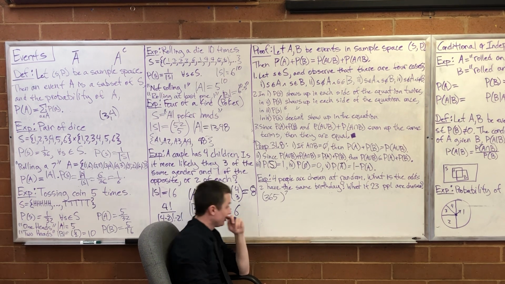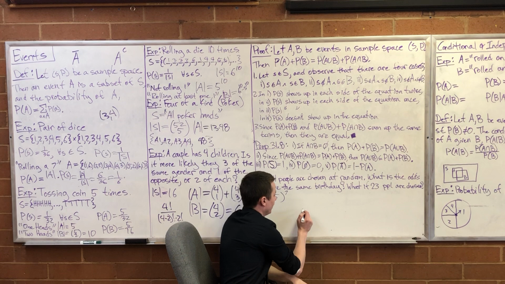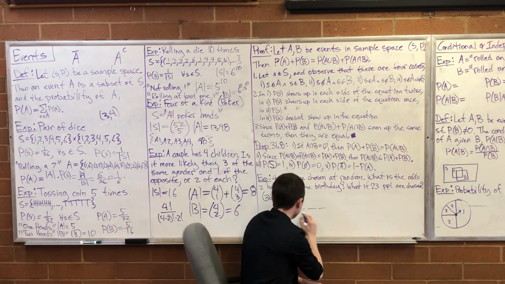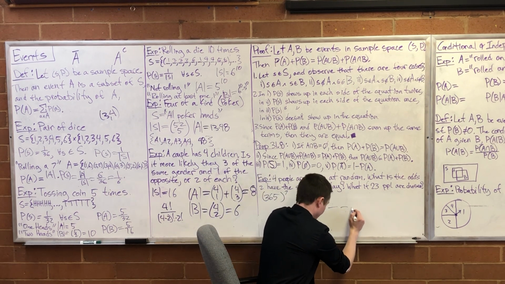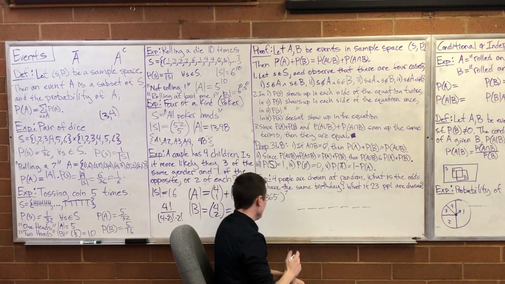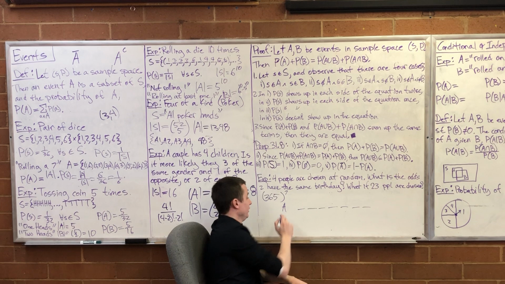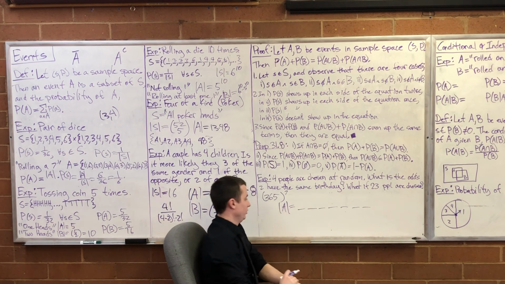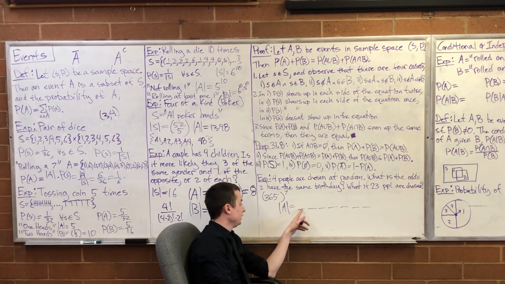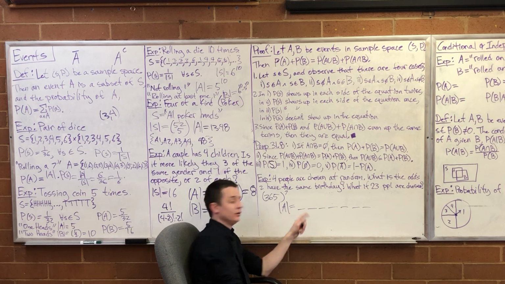And then now we've got to fill out our birthdays. 1, 2, 3, 4, 5, 6, 7. So we're going to say A is the event that we don't have the same birthday. So the size of A is equal to, how many ways can we have Peter's birthday? 365.